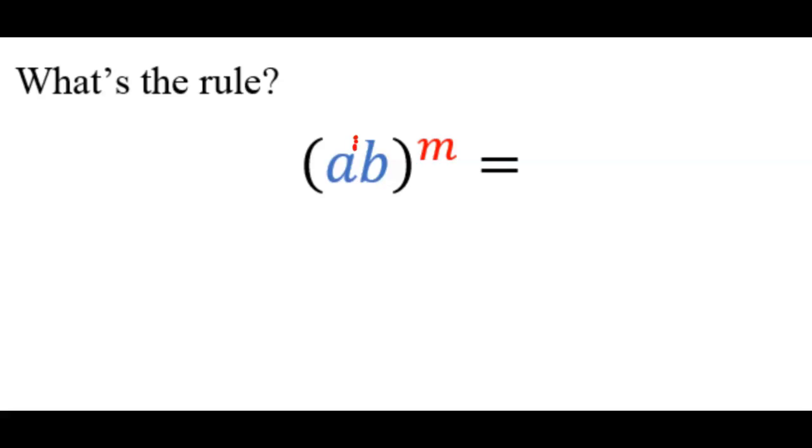There's a little 1 here, there's a little 1 here, and I'm going to multiply my exponents based on my rule. So I'm going to get A to the M, B to the M. Okay? Good? Well, now you know the rule.